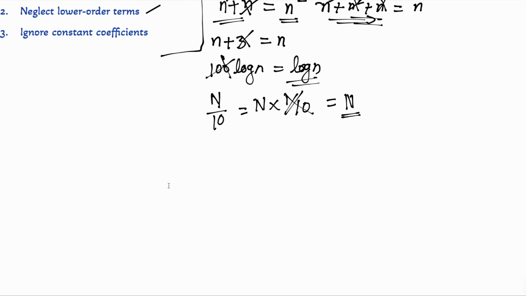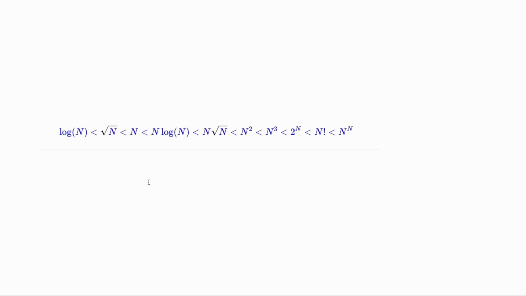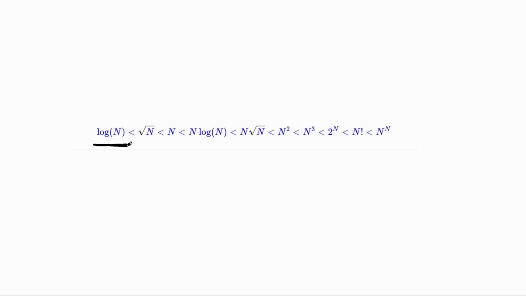Now let's see the basic comparison order. Log n is the best, giving us lesser time compared to root n, and root n gives a lower value compared to n, and it goes on: n log n, n square, n cube, 2 power n, and then n factorial and n power n.